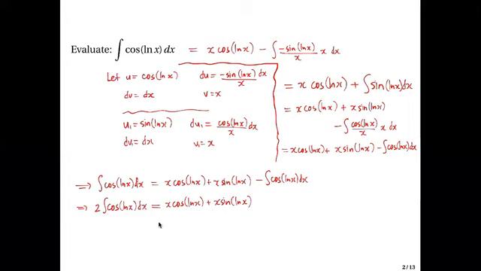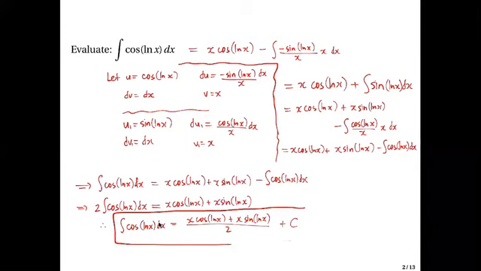And therefore, the integral of cosine of ln of x dx is equal to x cosine ln of x plus x sine ln of x all over 2, and then let's just write that arbitrary constant c. So this is the final integral. Okay? Questions?